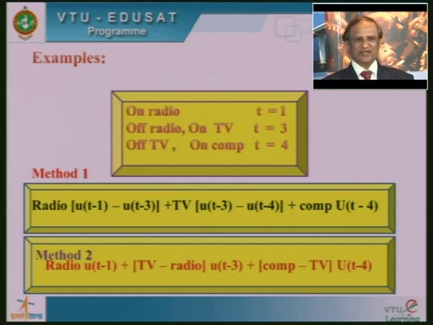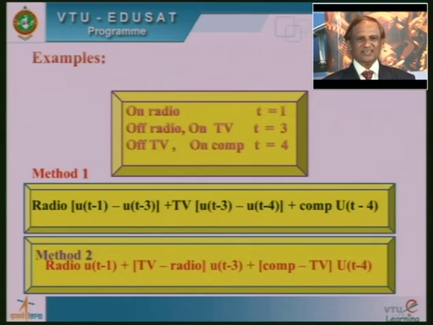Plus TV minus radio means the TV will be on and the radio off at t equals 3. That's why I have written the bracket u of t minus 3 in red color. Plus computer minus TV within the bracket means the computer will be on and the TV off at t equals 4.